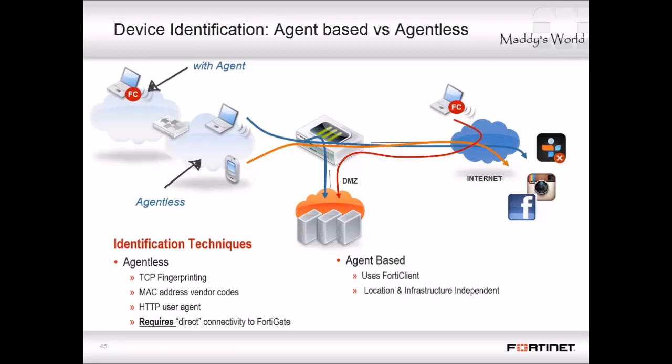In order for this method to work properly, it requires that nothing is in between the device and the FortiGate that will modify the packet. If there is, this will have a definite impact on the effectiveness. The other method is to do agent-based using FortiClient. Obviously, this is going to be more accurate as FortiClient can talk directly to the operating system, but is also limited due to this software not being available for every operating system.